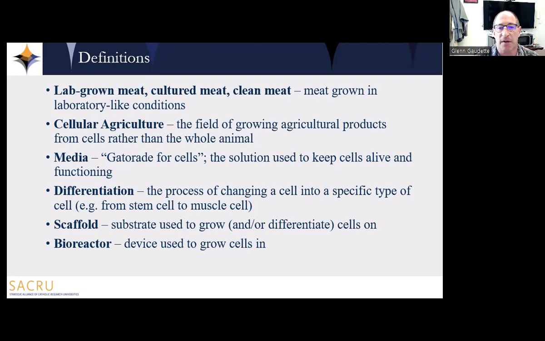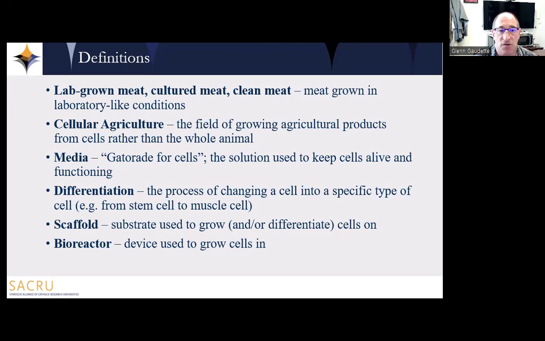Media is something my students refer to as Gatorade for cells. It's the solution that keeps the cells alive and keeps them viable and functioning. We can add different things to the media to change the condition of the cells. For example, we could induce what we call differentiation in the cells. Differentiation is essentially the process of changing a cell into a specific type of cell.